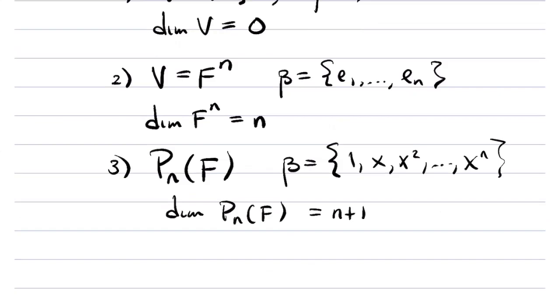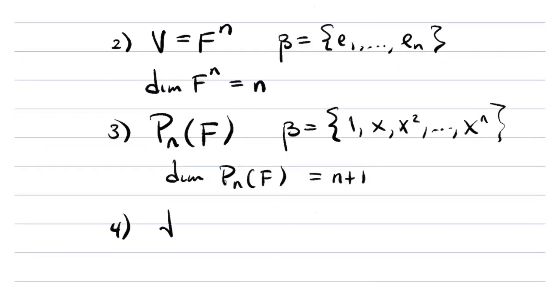What about polynomials themselves? No cap on the degree. Remember the basis for the vector space of all polynomials, well, that basis was infinite. No finite subset of polynomials could be a basis.